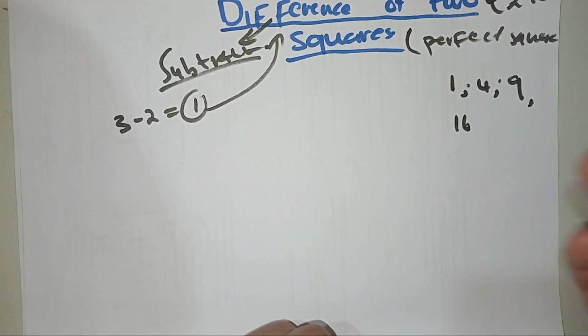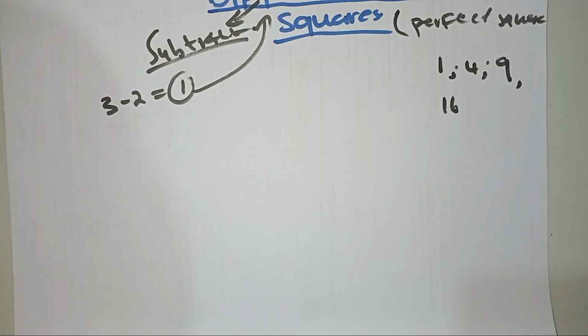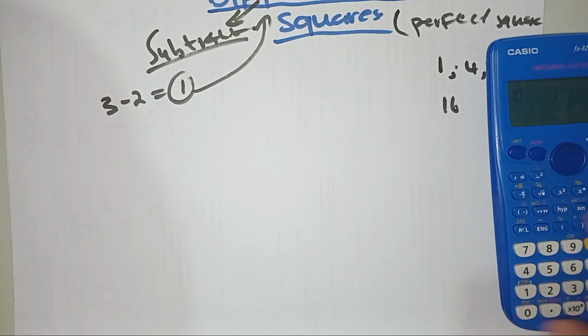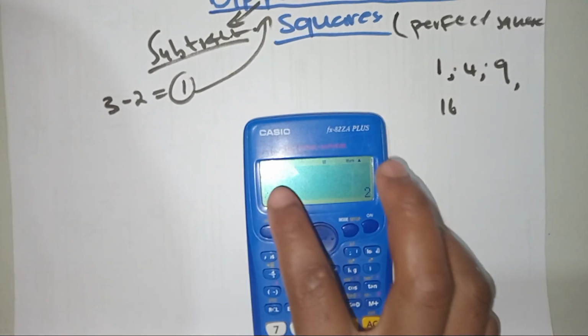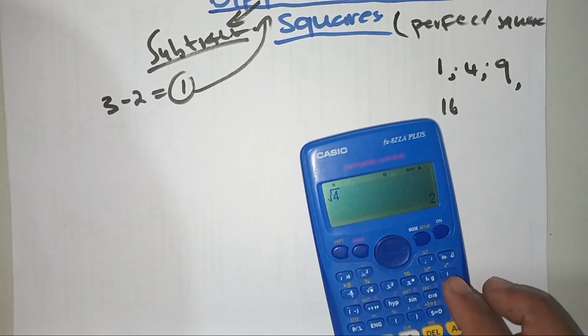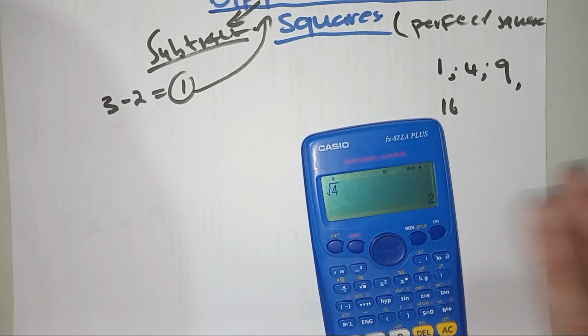16, or those numbers whereby when you plug them into the calculator and put the square root, you just get the value.